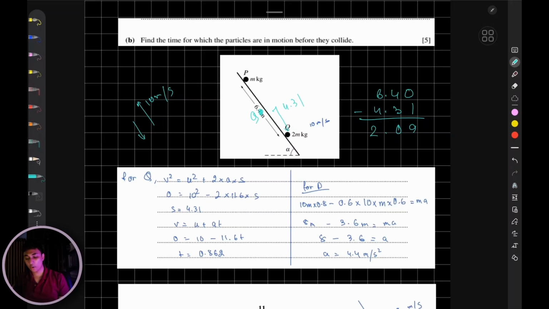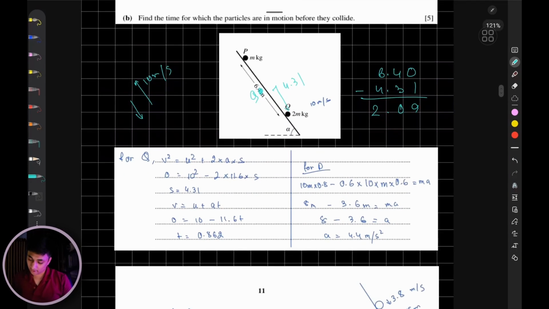Now, let's see what's going to happen for particle P while Q moves upwards. For P, I'm first going to find out its acceleration, that is, its weight acting downwards and friction acting upwards. So there's going to be a net force downwards, that is, it's going to accelerate downwards.